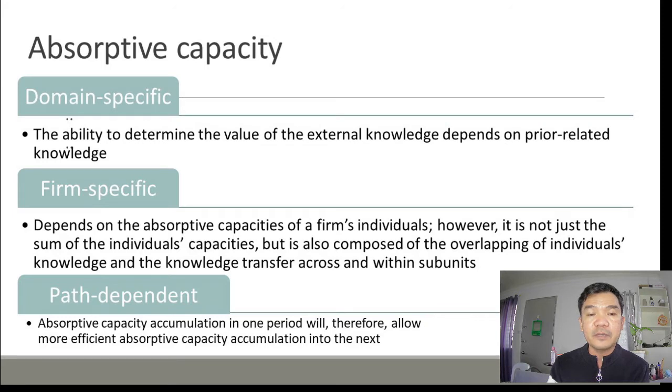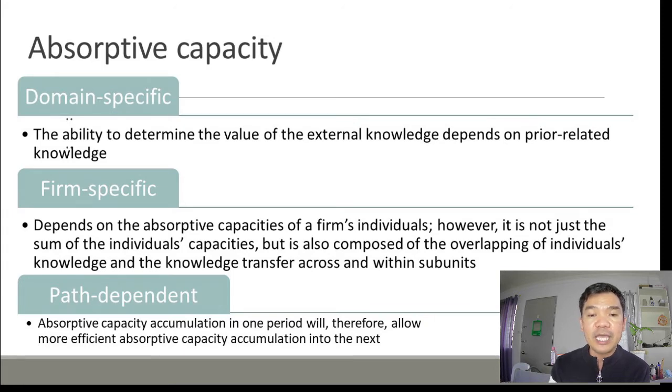We have absorptive capacity as domain specific. That means the ability to determine the value of the external knowledge depends on prior related knowledge, meaning one particular knowledge. Another is firm specific. We describe absorptive capacity as firm specific.